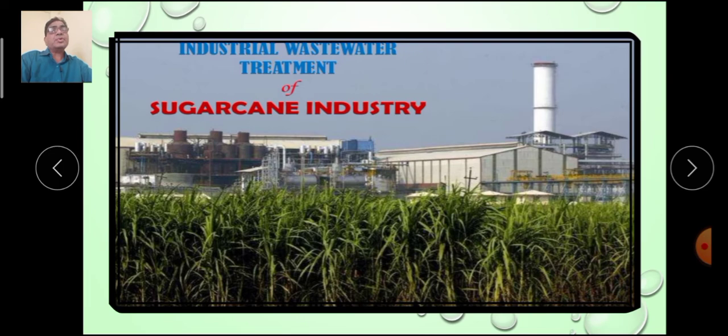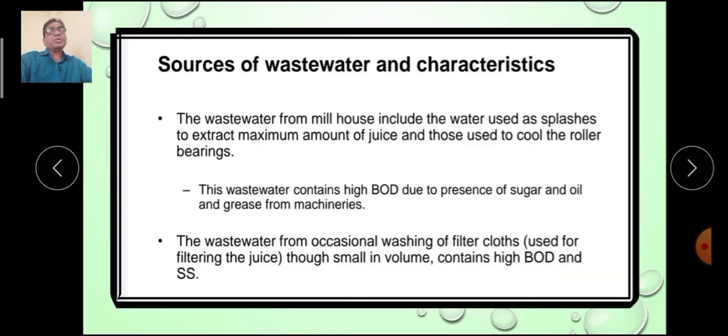First, industrial wastewater. The sugar industry requires much water for the process, and therefore water for spraying on the bagasse, that is, for the removal of the last traces of the juice in the mill house, and for boiling purposes.